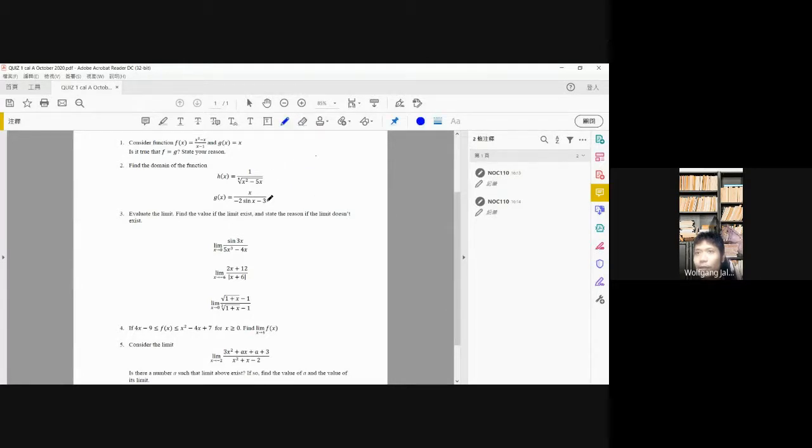Now 2g. Somebody asked about 2g. Remember that sine x is between minus 1 and 1.